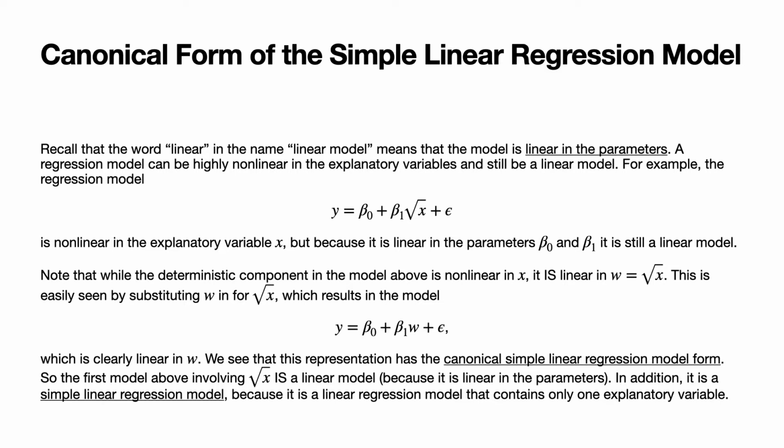We see that this representation has the canonical simple linear regression model form. So, the first model above involving the square root of x is a linear model because it is linear in the parameters. In addition, it's a simple linear regression model because it is a linear regression model that contains only one explanatory variable.